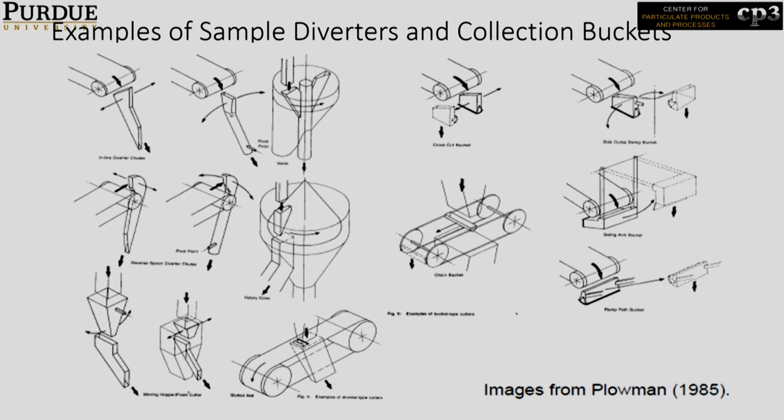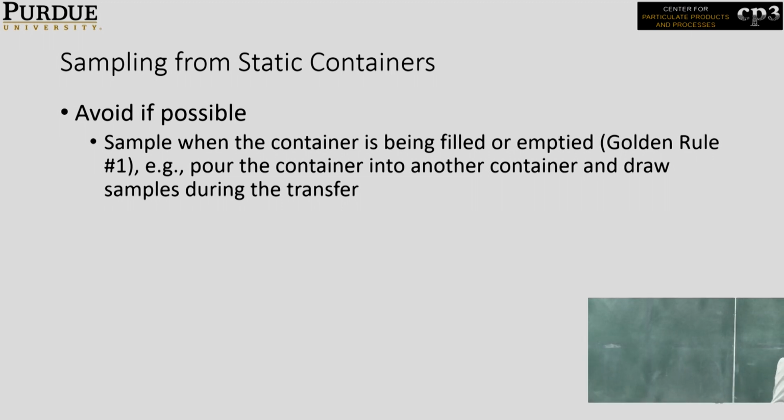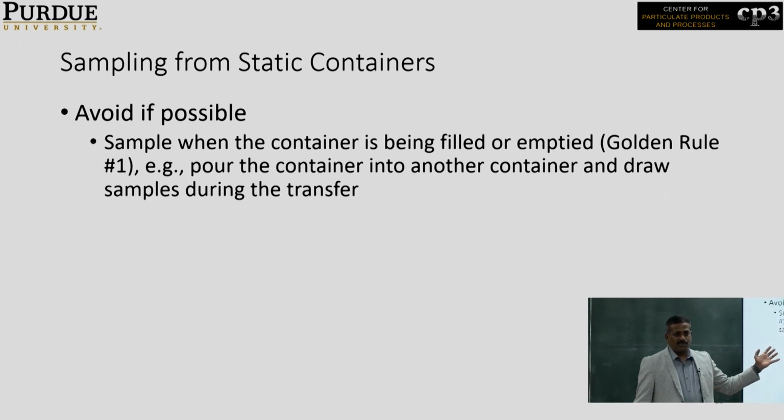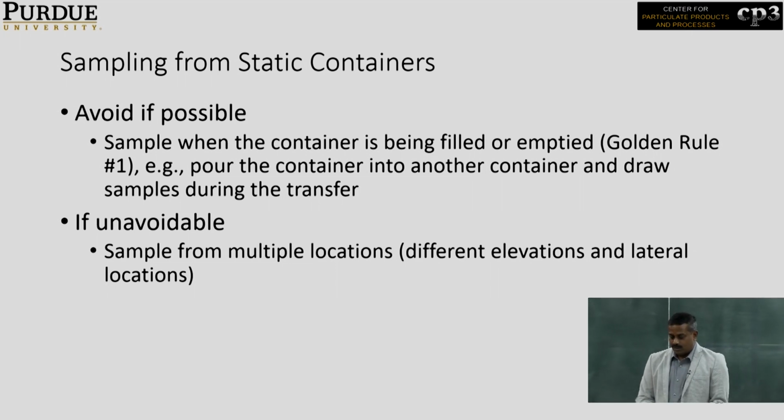There are tons of systems and many methods available. As I said, if you are sampling from a large container, you should avoid it because it's mostly already segregated, so what you are collecting is already a segregated mix of powder. What the pharmaceutical industry at least does, if they want to subsample from a tote bag, like a 250 kilogram bag, is pour it into another container.